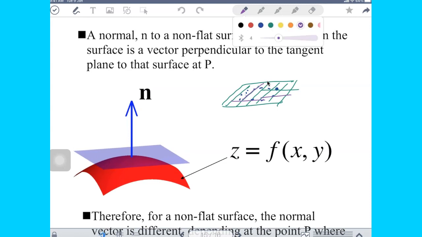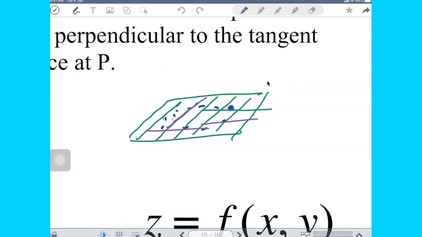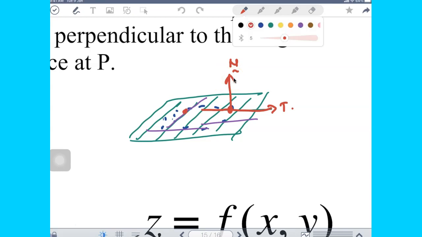So I choose one tangent, let's say a tangent at the point here. The normal vector to this plane or surface is in this direction. Let's say I choose another point here, with a tangent line maybe this way.